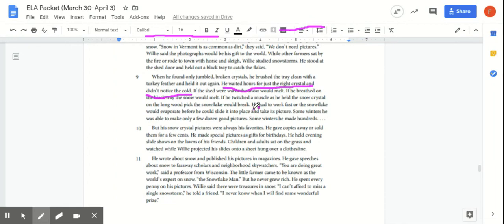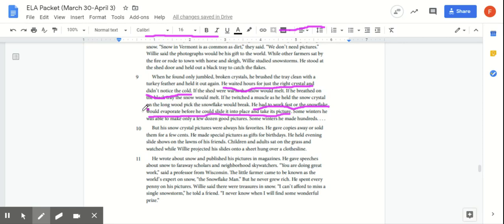He had to work fast, or the snowflake would evaporate before he could slide it into place and take its picture. Some winters he was able to make only a few dozen good pictures. Some winters he made hundreds. This paragraph shows how determined Willie was for the right crystal.